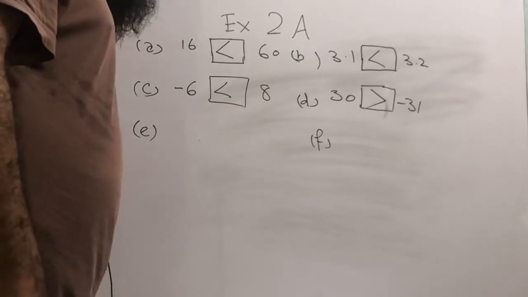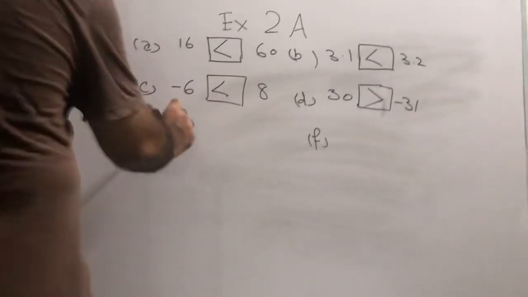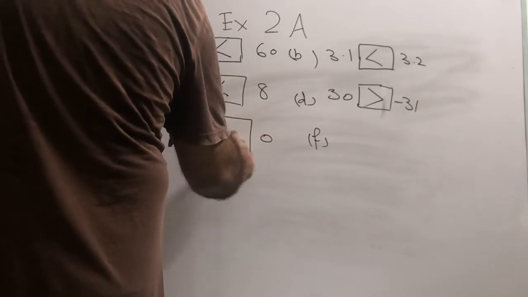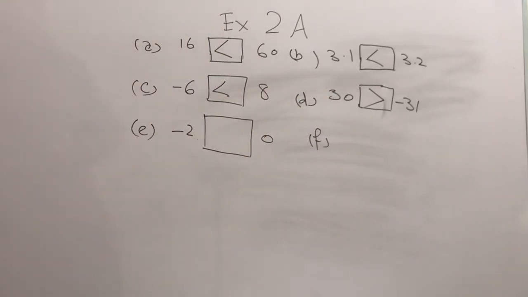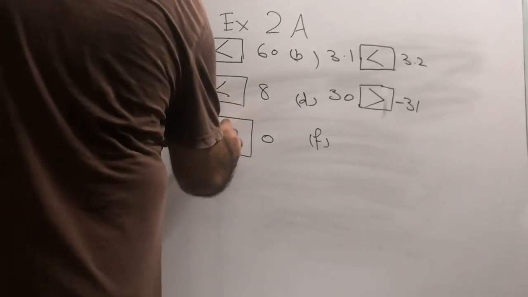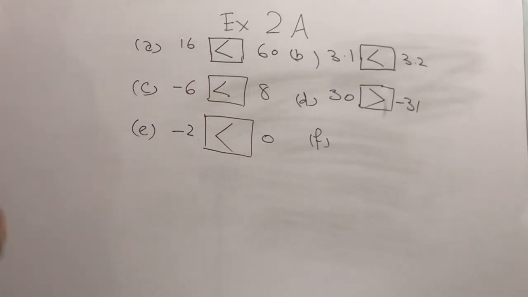And part E is minus 2, 0. Still the same rule. 0 is something positive and 2 has a negative sign. When we are comparing these two numbers, 0 will be bigger because we consider that 0 has a positive sign. Okay, so 0 is greater than minus 2.